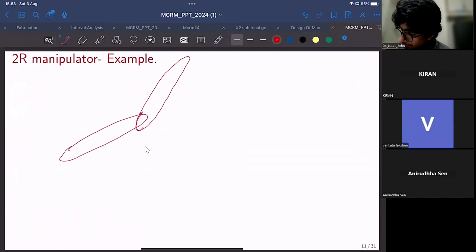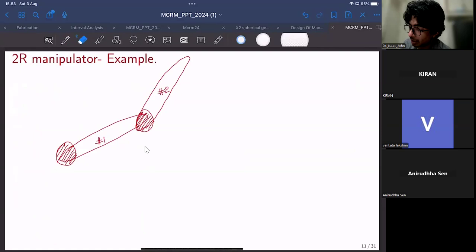Like I've been mentioning, we have two links connected by two revolute joints. I label this link as link 1 and this as link 2. We also have a ground. The first revolute joint, R1, is fixed to the ground, and the second revolute joint connects link 2 and link 1.